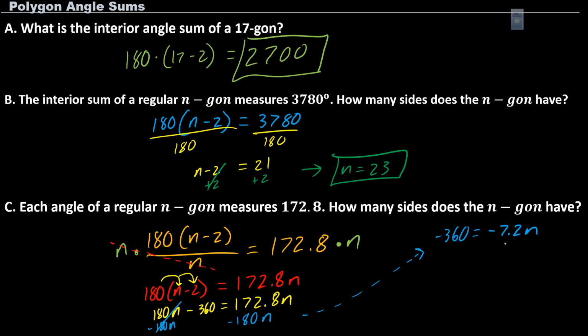And so then our final step here would be to divide out negative 7.2 on over to the other side. So n is going to equal 50. So the shape has 50 sides to it.